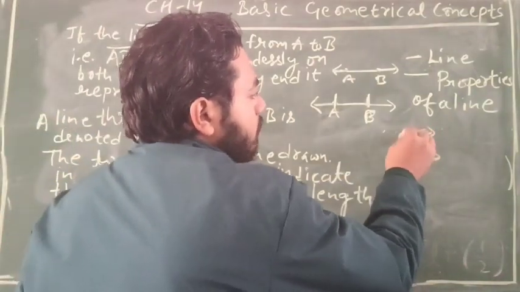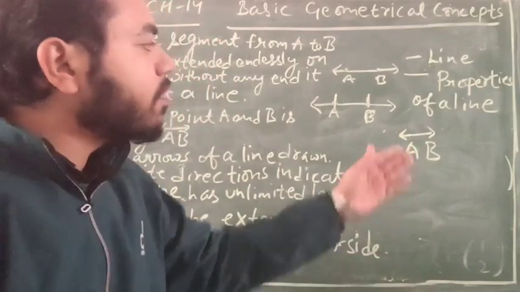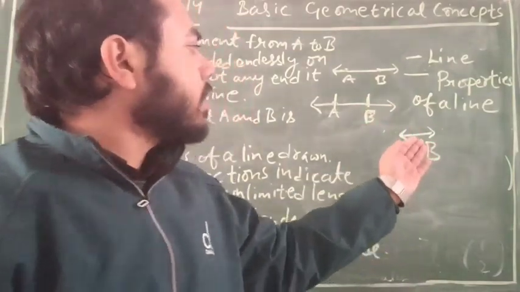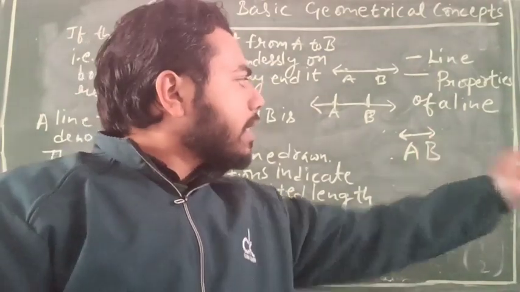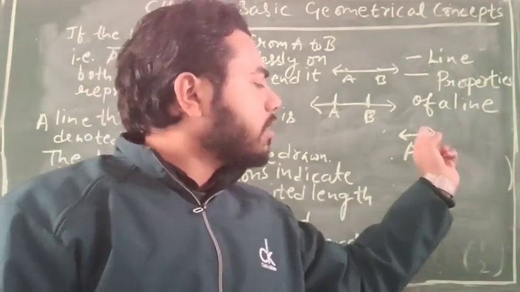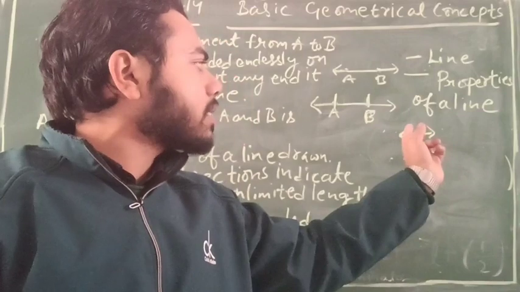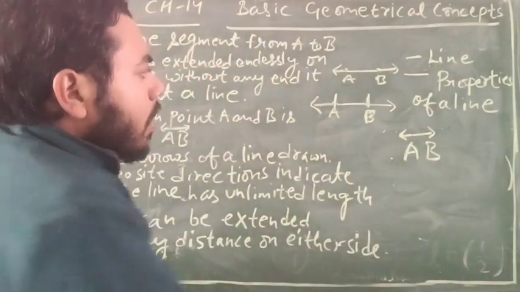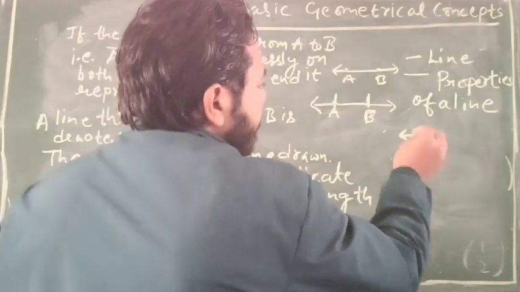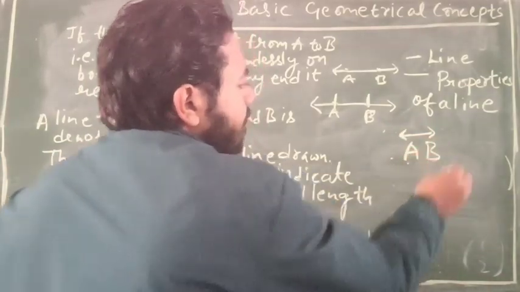These two arrows show that it can be extended in both directions, in this direction and in the A direction also. This is the representation of line AB.